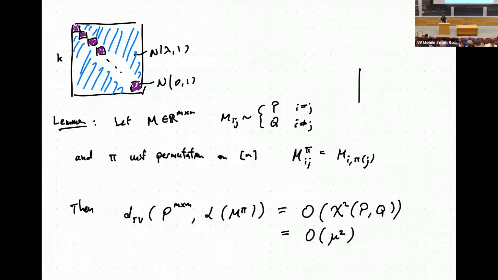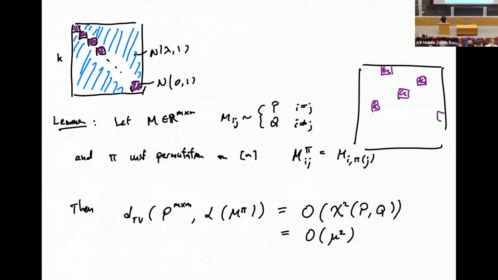And so what we have now is that each of these incorrectly distributed entries is now in a random location, and so forth. So this is what I'll call M pi.